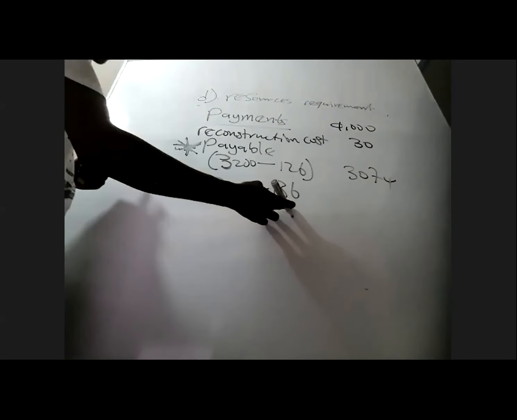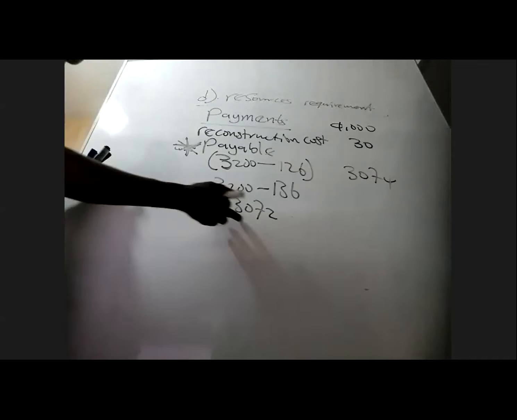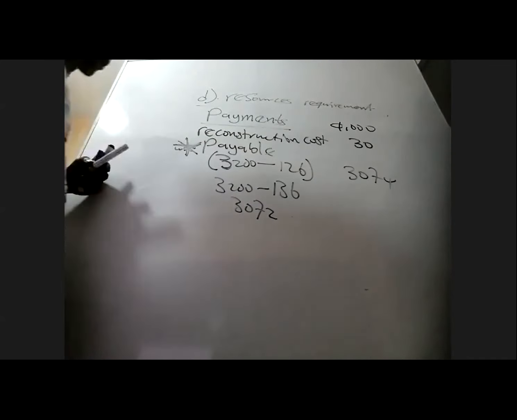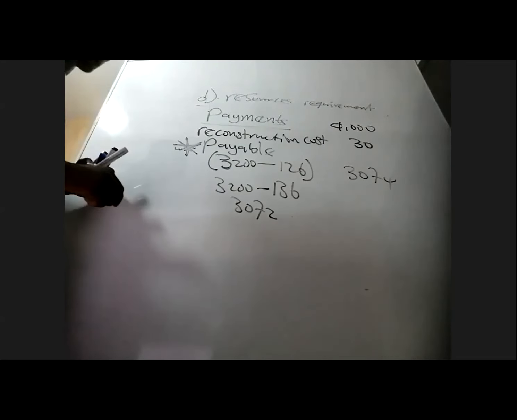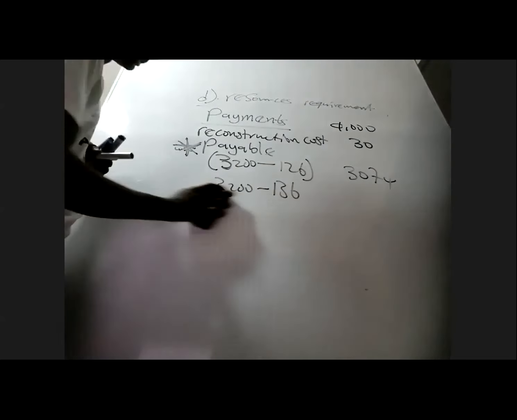And even if you subtract the loss per liquidation from the total value, you will not get 3072. Oh yes. If you less 136 from this, you get 3072. Good. So you have to use the loss per reconstruction. The loss that we stated in this solution, we stated 126. Good. So take note.